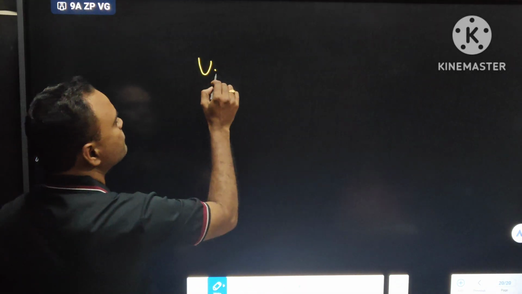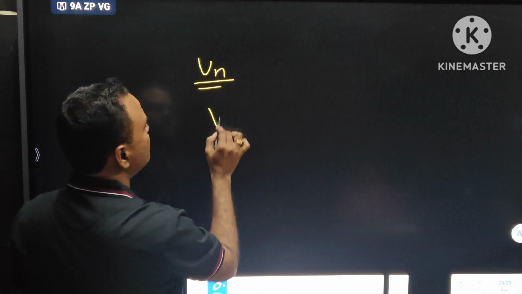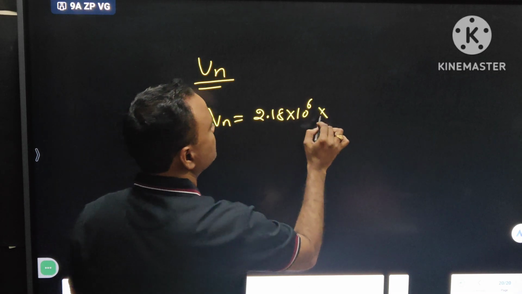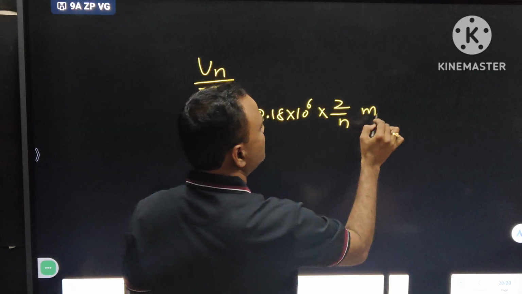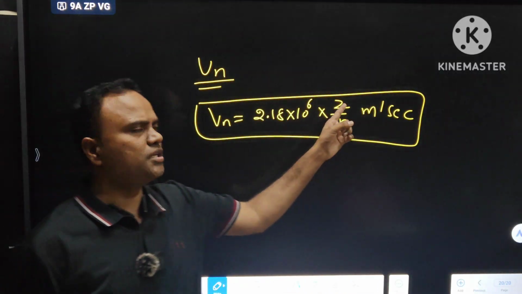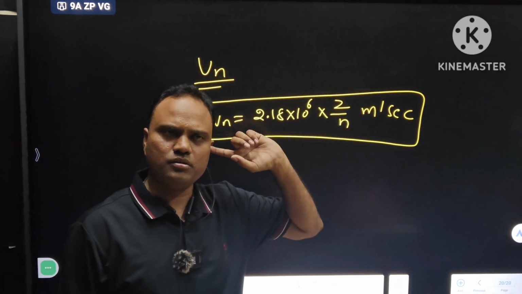Vn, velocity of the electron. What is the formula for velocity of electron? 2.18 into 10 to the power of 6 into Z by n meter per second. Z is atomic number, n is orbit number.